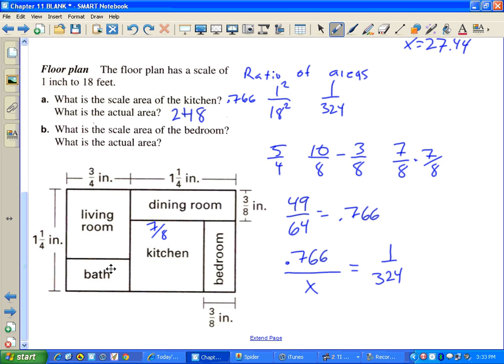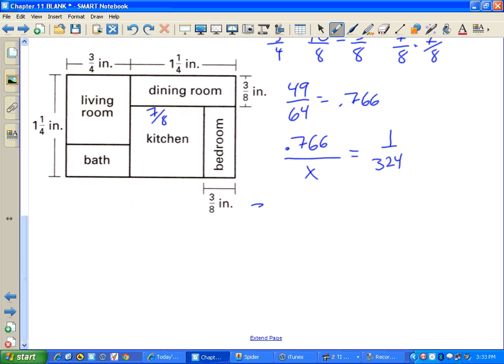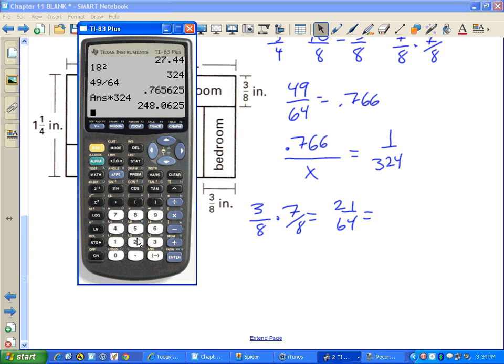What's the scale area of the bedroom? Here's the bedroom. It's 3/8 by 7/8. Should be 21/64, which is 0.328.